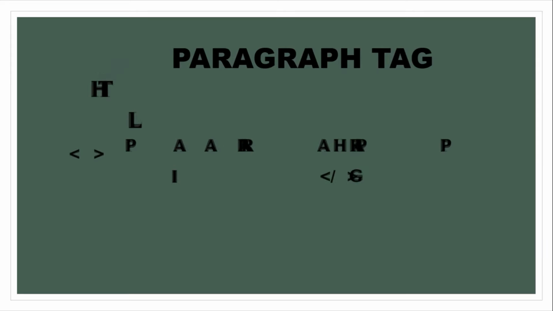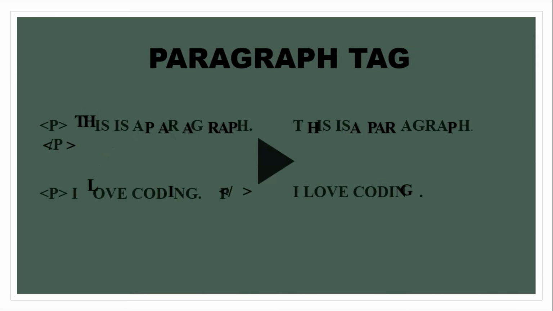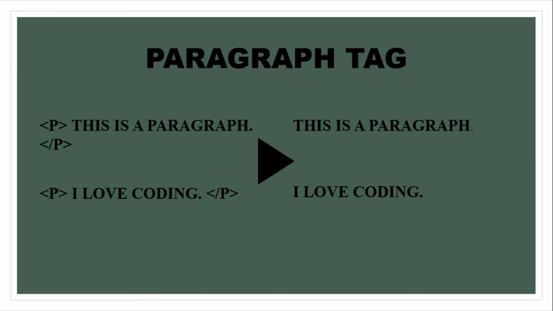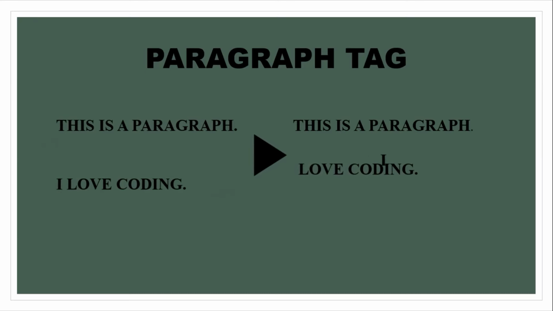Now let's say we have two paragraphs and we have added paragraph tags for each of them. When we run this code we will see two separate paragraphs in our website. Basically, once we add paragraph tags, the computer will automatically add a margin between these two paragraphs, and it will separate both of them from each other.